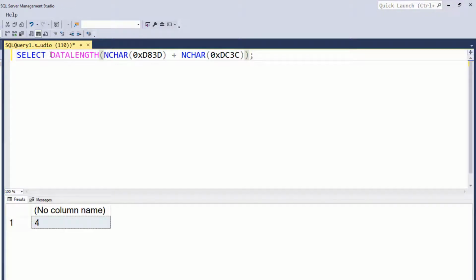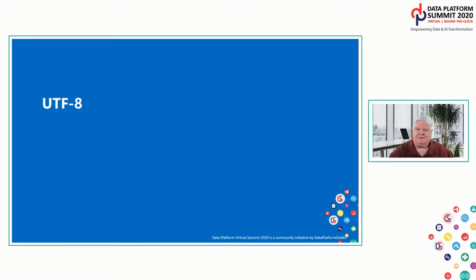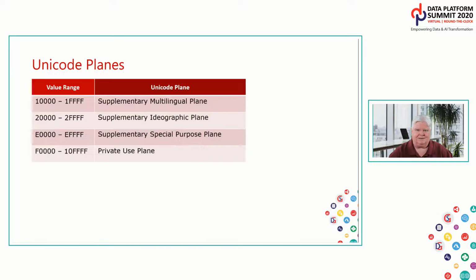It's 4 bytes coming out, which is no surprise because this was 2 bytes and this was 2 bytes. So from 2012, they added this ability to get to other characters, but they knew they needed to do more. This then brings us to the topic of UTF-8 and additional characters.